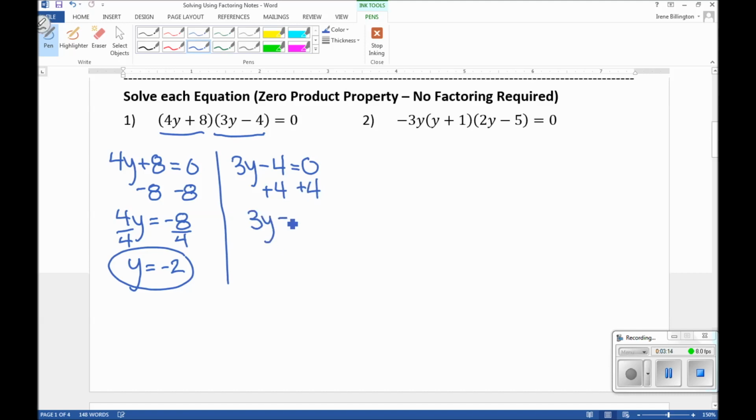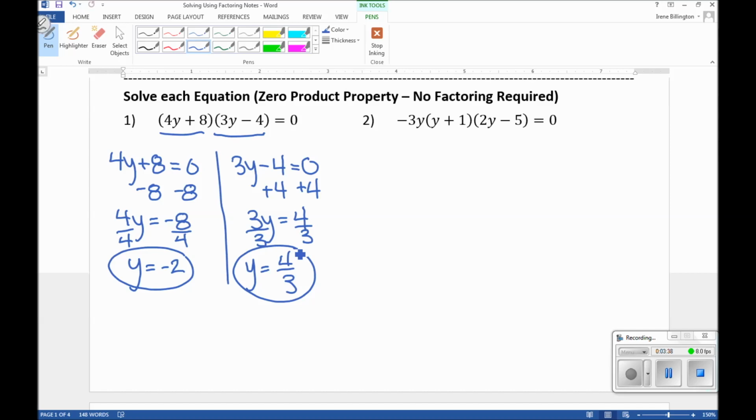So we have 3y is equal to 4, and then divide by 3. So y would equal 4/3. Okay, please keep in mind that if your solution is not exact, you need to write your answer as a fraction. Do not round any of your answers.